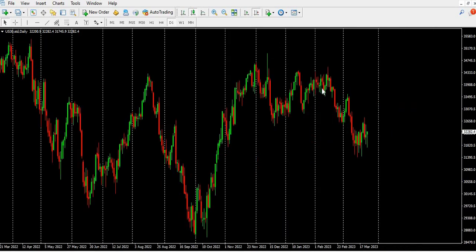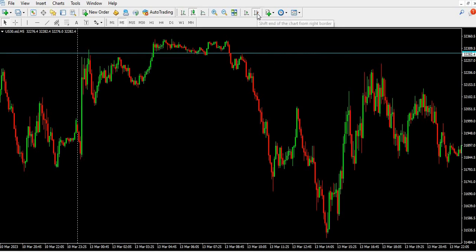These period separators are going to show you which day you are in, because this is yesterday, this is Thursday, and this is Wednesday, Tuesday, Monday, and so on. What you're going to do is come to your M5 chart.